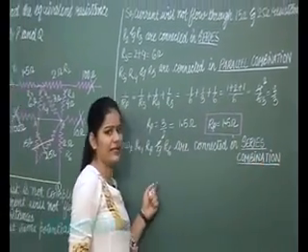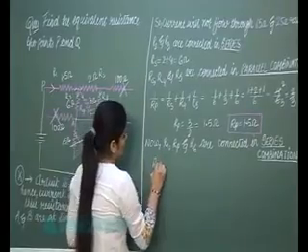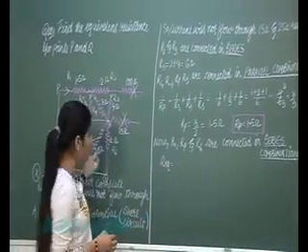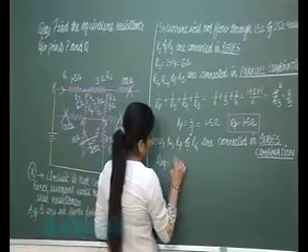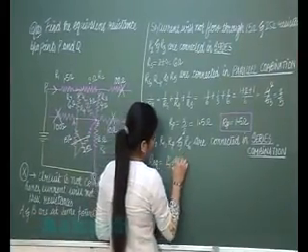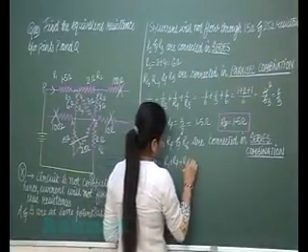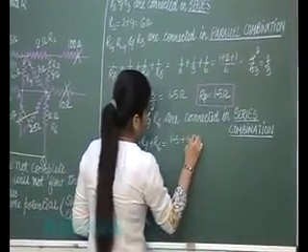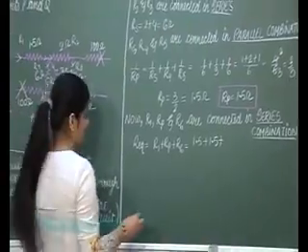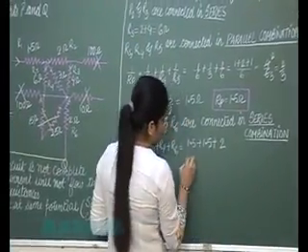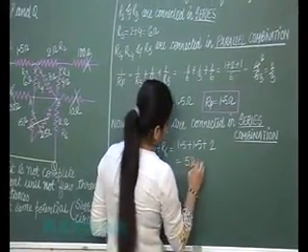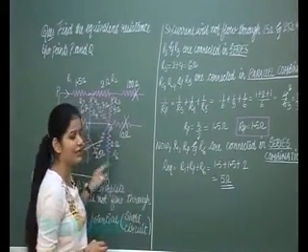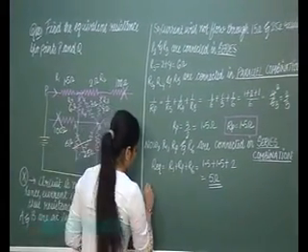So we'll get the equivalent resistance between points P and Q as R1 plus Rp plus R6, which is 1.5 plus 1.5 plus R6 is 2 ohm, which is 5 ohm. So student, the equivalent resistance between P and Q comes out to be 5 ohm.